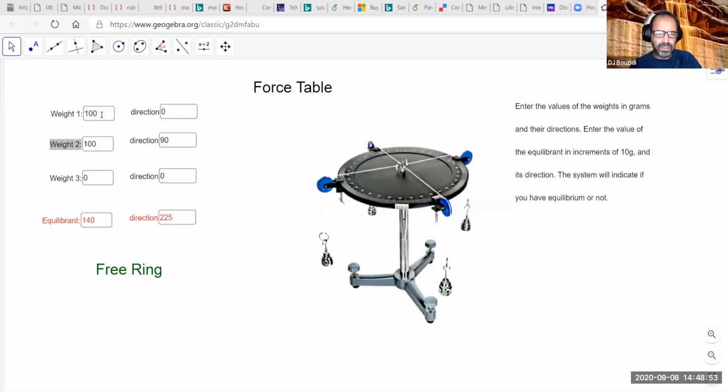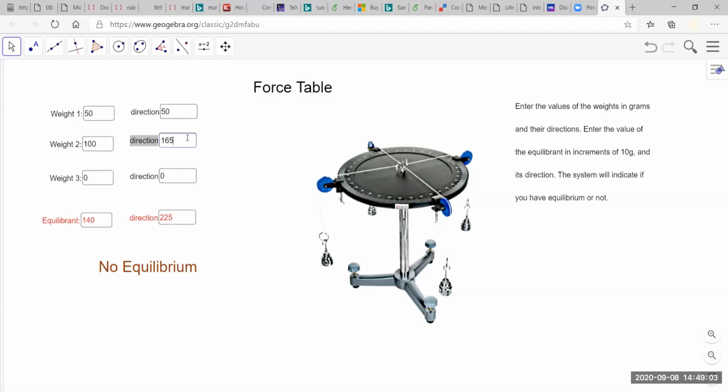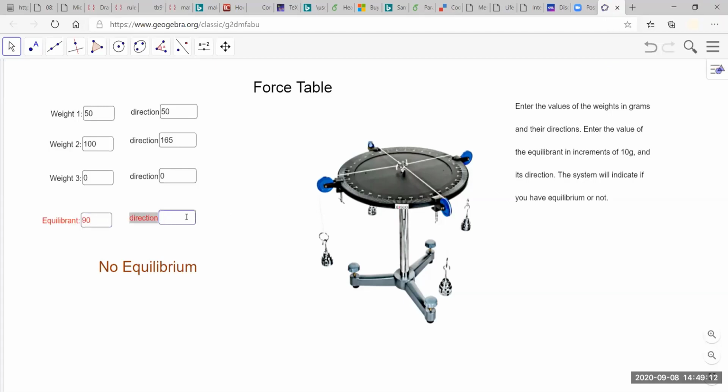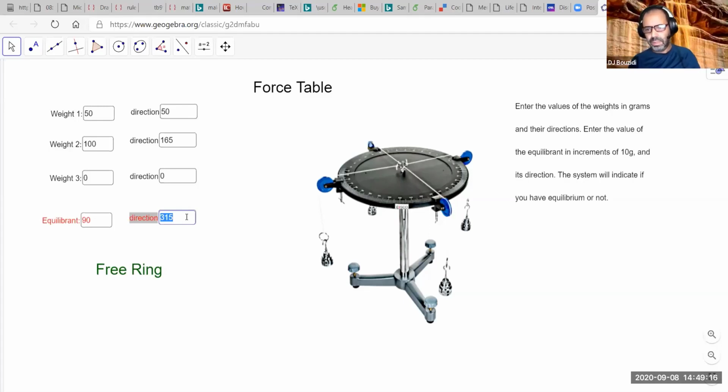So this is 50, direction 50. And this is 100, and the angle is 165 or 160? 165. The sum turned out to be 90, and the direction is 315. The ring is free, so it works. Correct? Yes, it does.